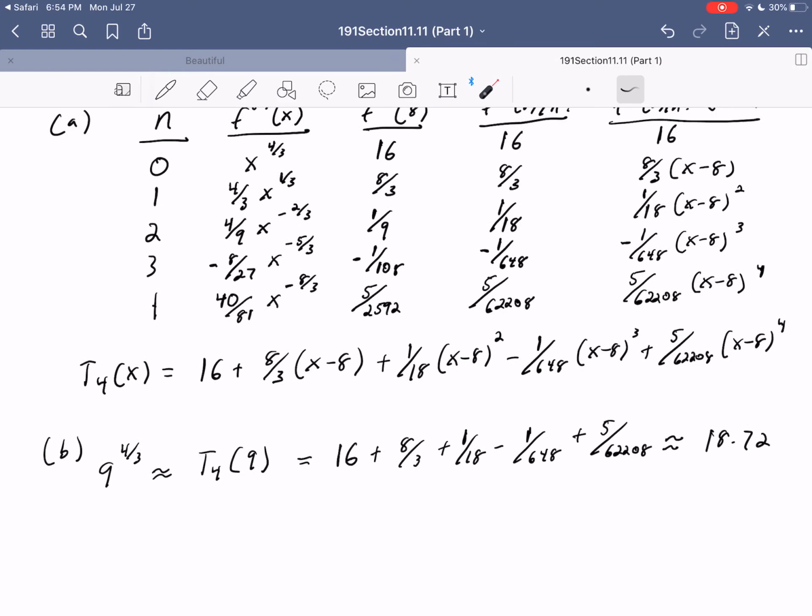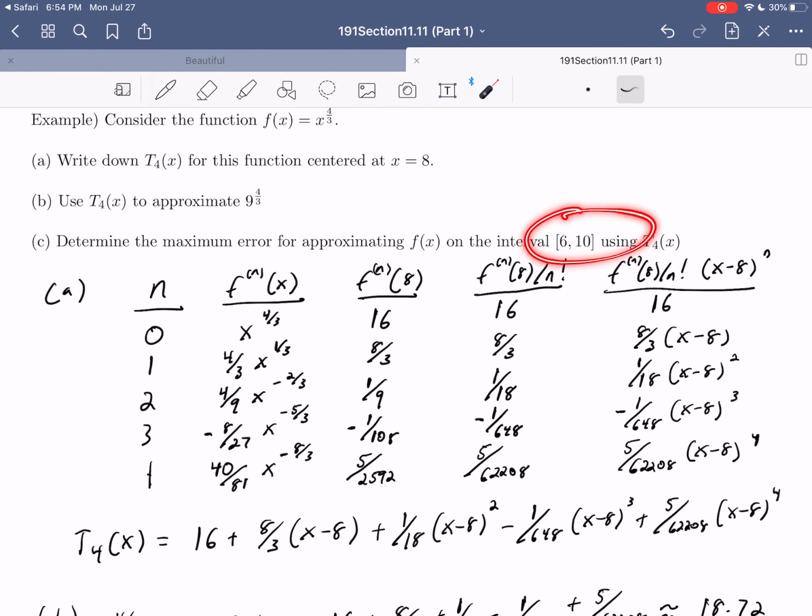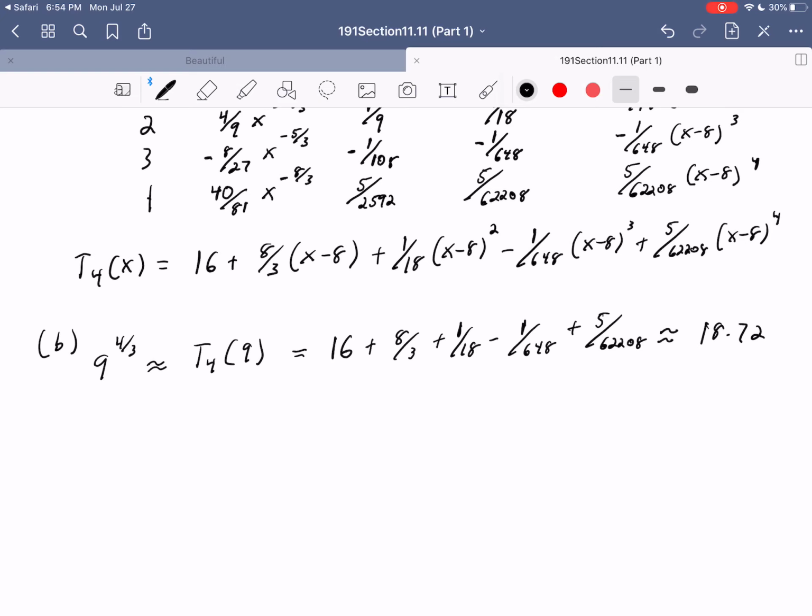Now let's talk about the maximum error when working on the interval 6 to 10. So to do this, we're going to use that Taylor inequality here. So R4 is going to be less than or equal to m over 4 plus 1 factorial, and then x minus the center, which is 8, to the 4 plus 1 exponent.